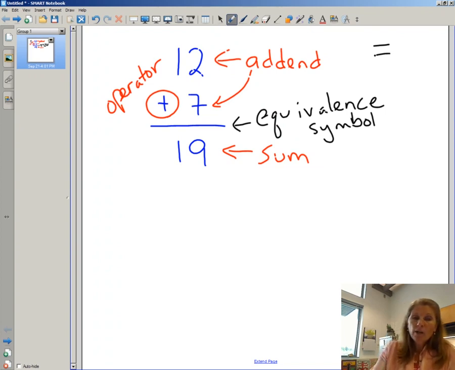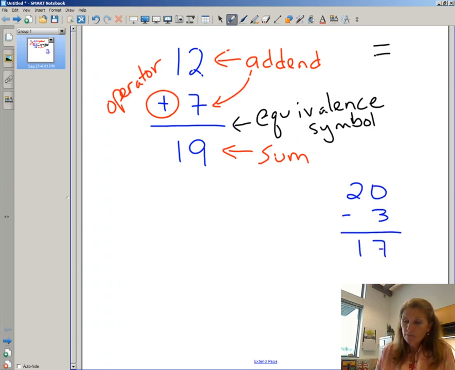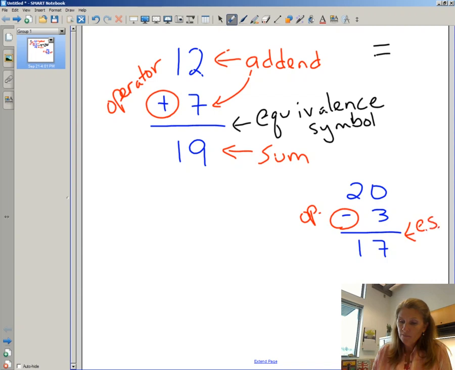When you're talking about a subtraction problem, something like 20 minus 3 equals 17, we have the same thing as far as the operator goes. This is your operator. I'm just going to call it OP. And this is your equivalent symbol. That's just like we saw up there. And the parts, though, are named differently.